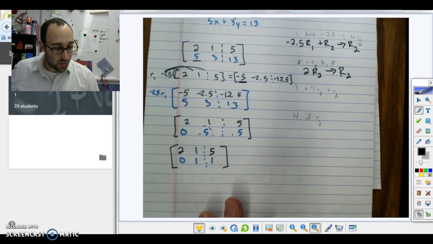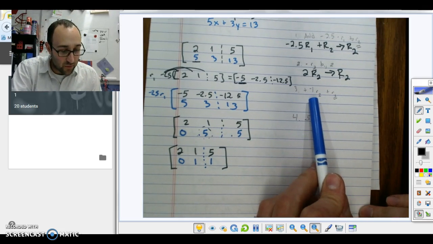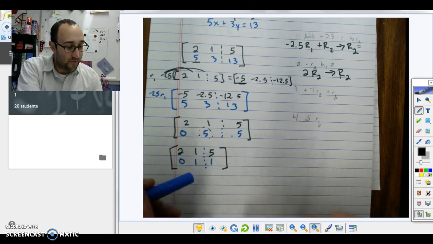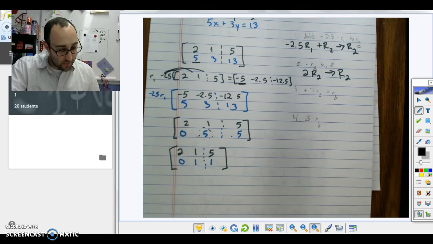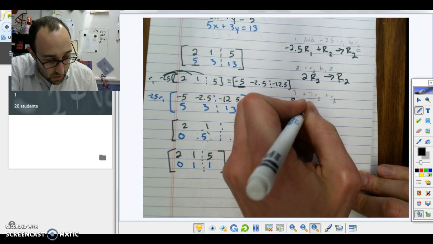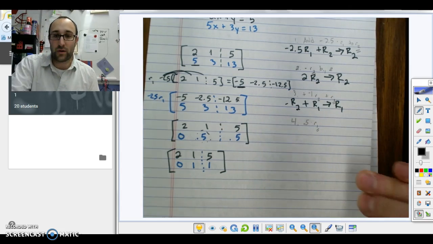Now the next thing I'm going to do is add negative 1 times row 2 to row 1. If I add these two together, that will become a 0 right here, which is really handy. So I'm going to take negative R2 plus R1, and that goes in the R1 spot.